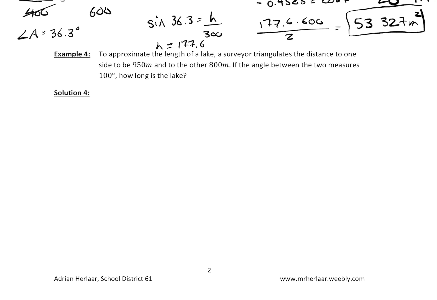So we got one more to go. It's another lake type question. To approximate the length of a lake, a surveyor triangulates the distance to one side to be 950, the other side to be 800. So what does that look like?